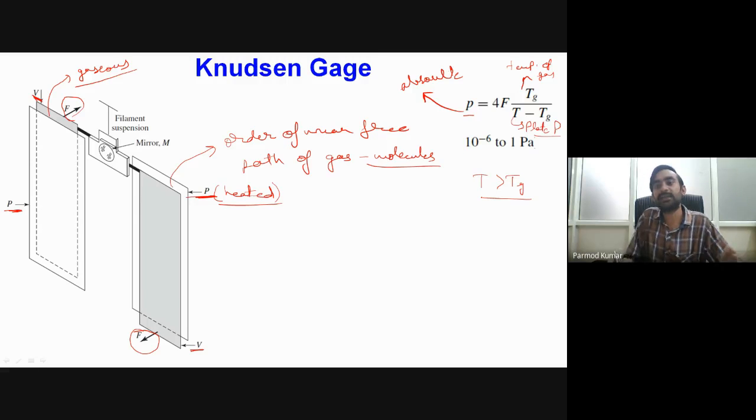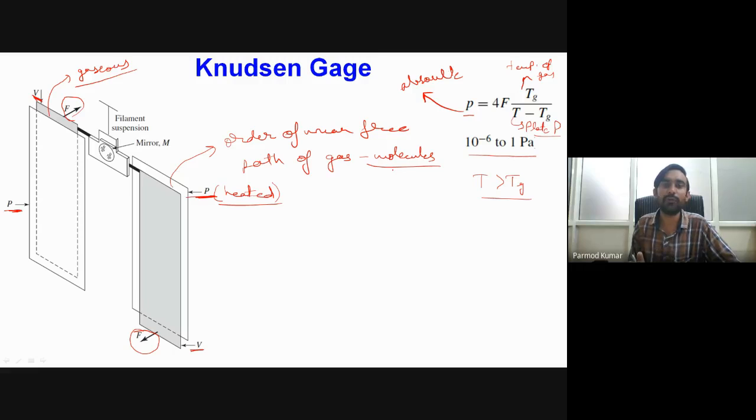Okay, and this type of gauge is used for measurement of pressure within the limits of 10 to the power minus 6 to 1 Pascal. The only thing we have to consider while using this type of gauge is that the spacing between the plates should be of the order of the mean free path of the gas molecules.